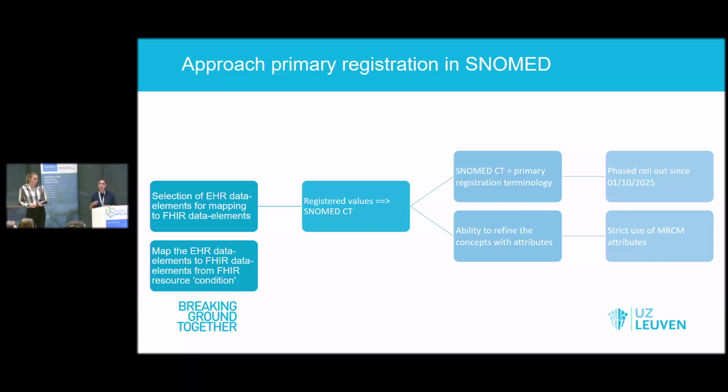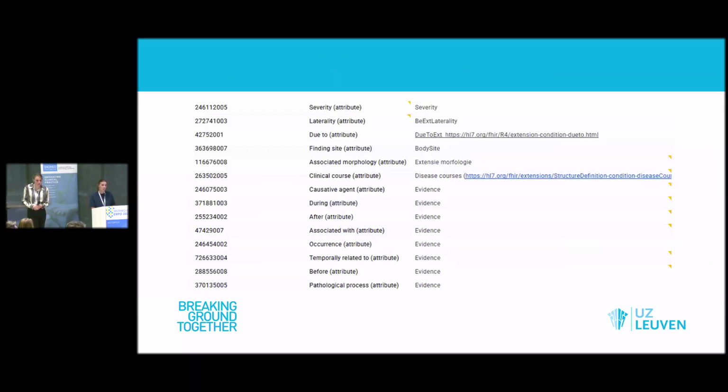And those attributes also have to be exchanged with FHIR. And what we did there was mapping the SNOMED attributes to FHIR data elements, knowing that we strictly use the attributes and the range constraints that are obliged by the MRCM.